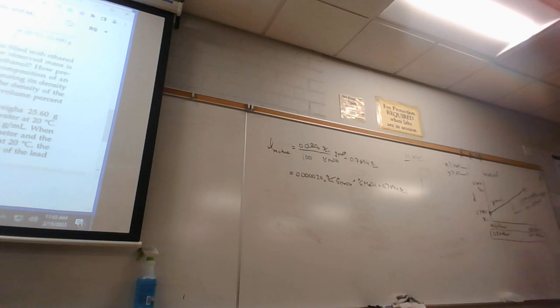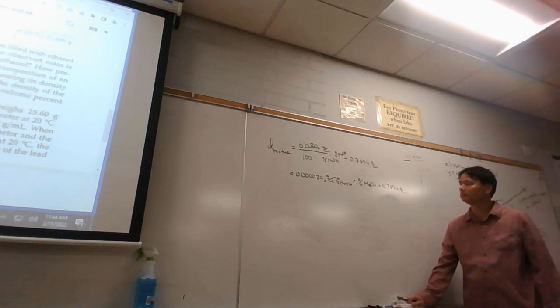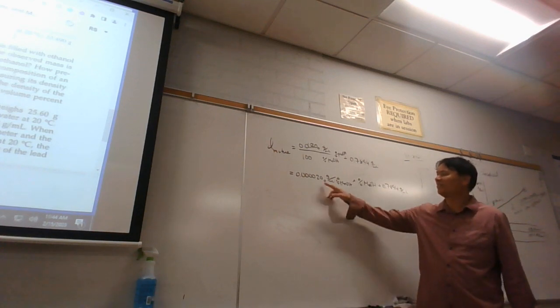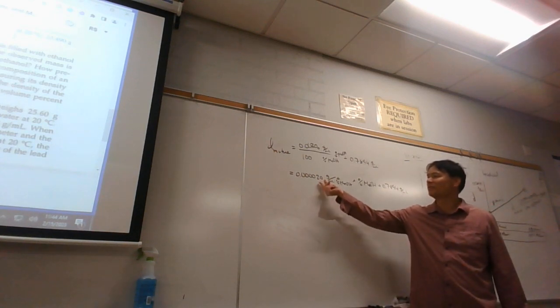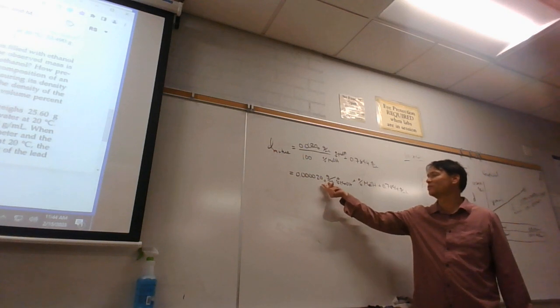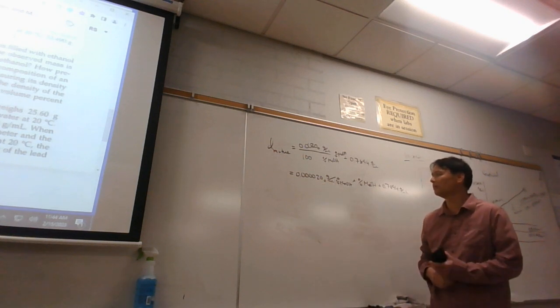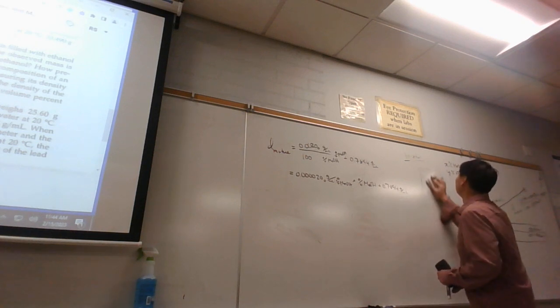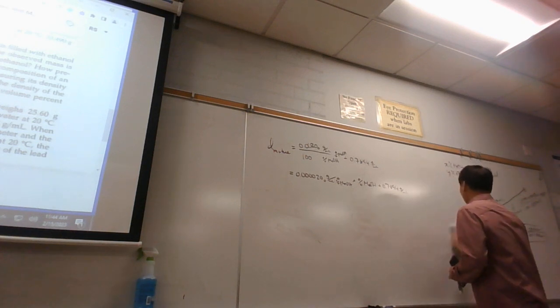No, I guess I didn't make a mistake. 0.002. So it'd be 0.002. Yeah, that's it. So since the densities are kind of close, we don't get that much precision here. You know, we only have 2 sig figs of precision here. But let's try some calculations with this.